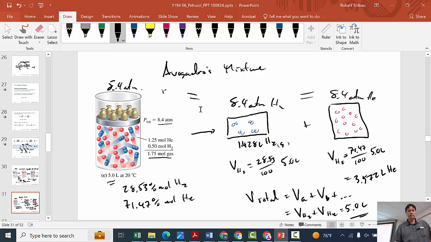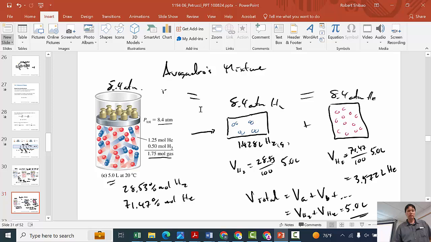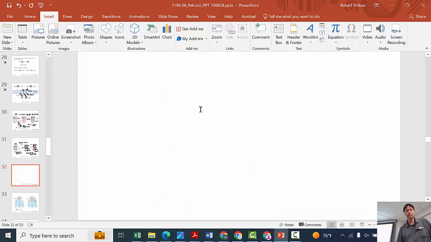Let's take a look at another mixture. We'll just call this air or something close to air. I'll keep the numbers simple too. Do you know what the composition of air is?